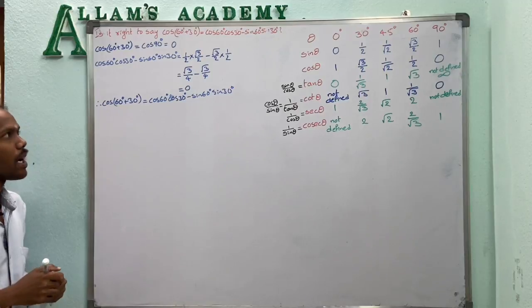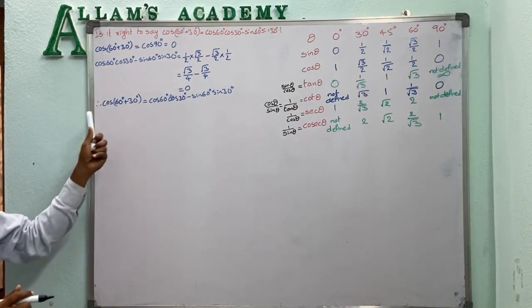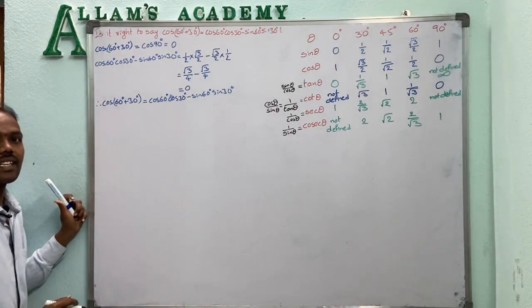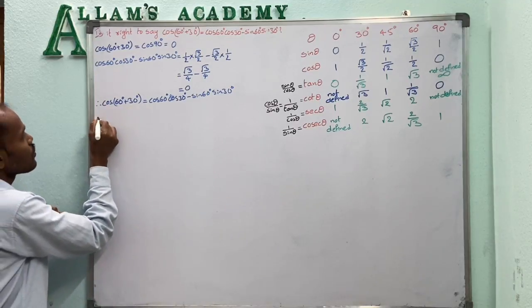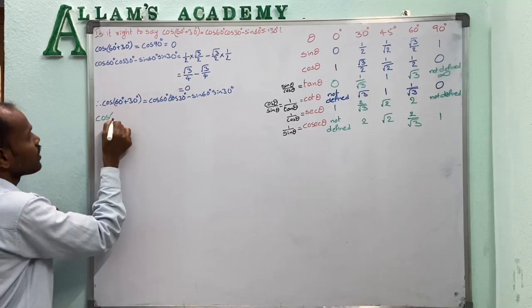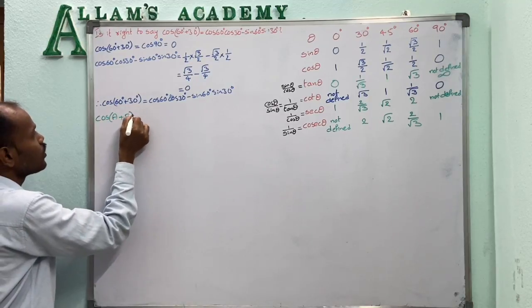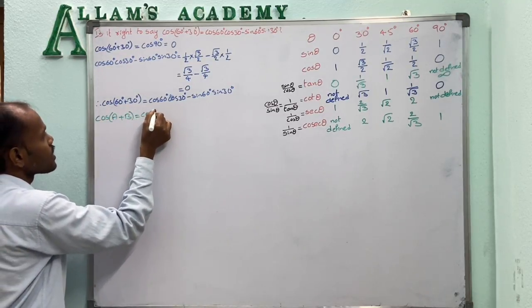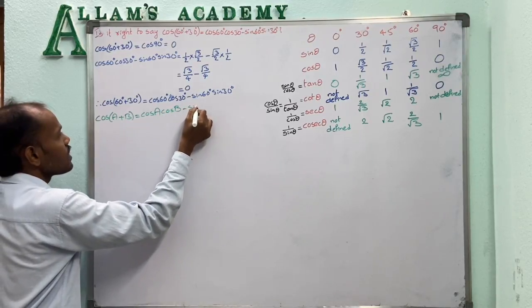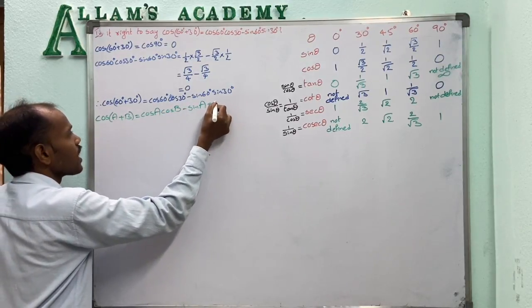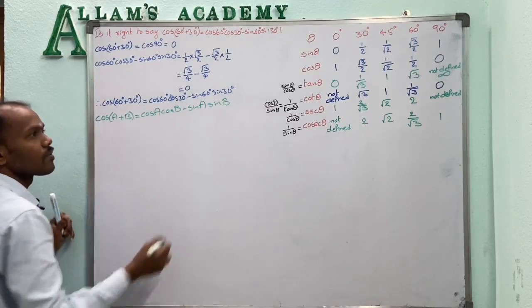Same as the before problem model only. In place of 60 and 30 degrees, any value we substitute, we get the same result only. So we can write cos of A plus B equals cos A cos B minus sin A sin B.